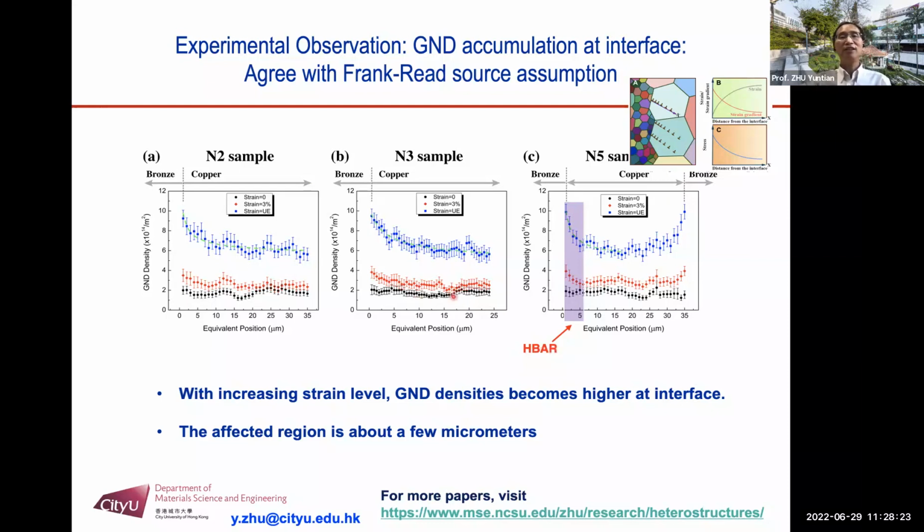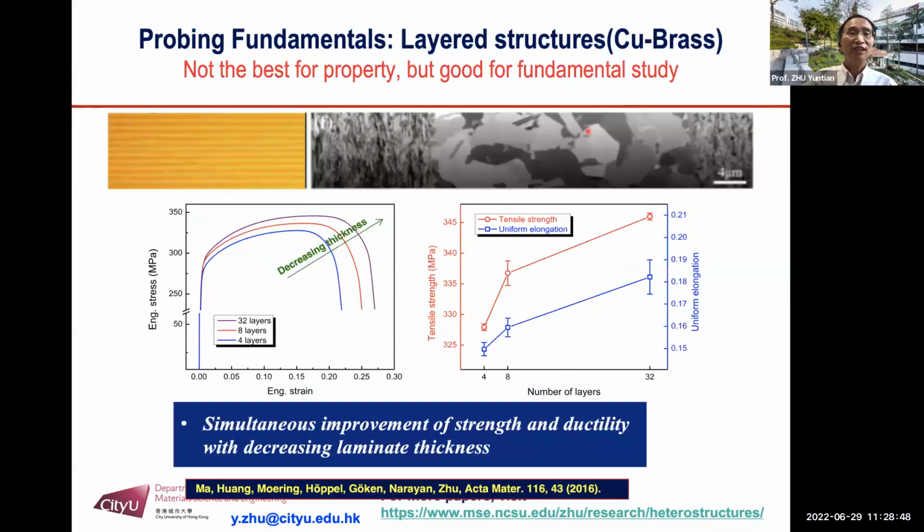Earlier we said that the GNDs will pile up against the zone boundary. If you look at this cartoon, you can see the GNDs are not uniformly distributed. Near the boundary, you have higher density.